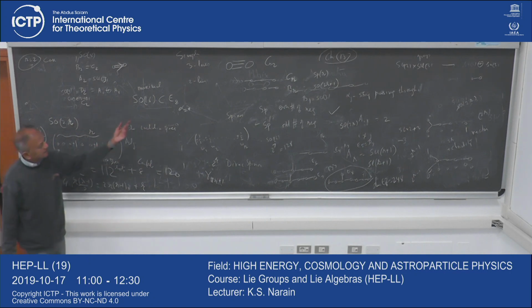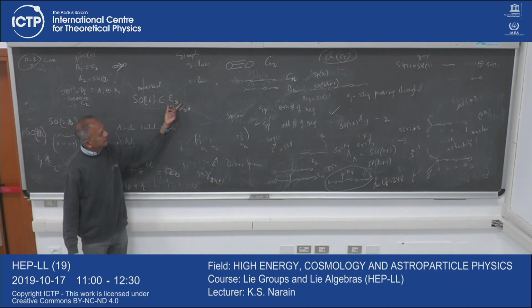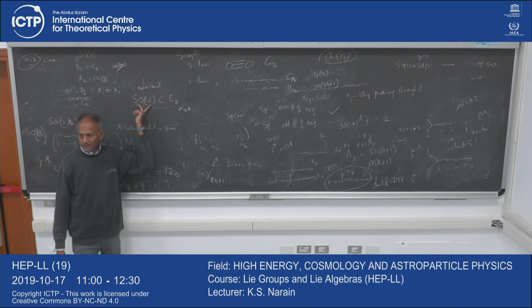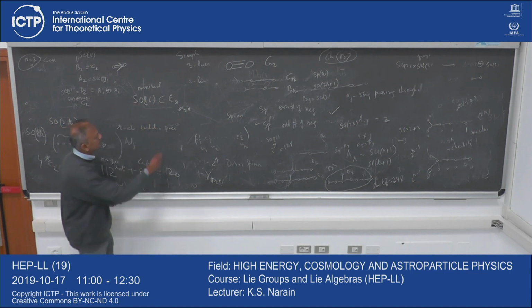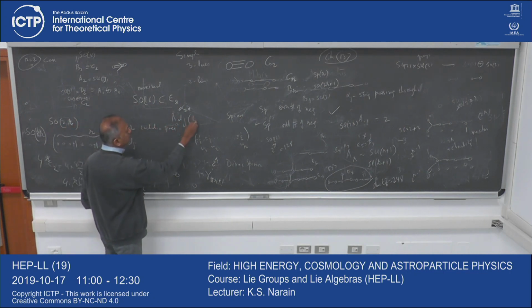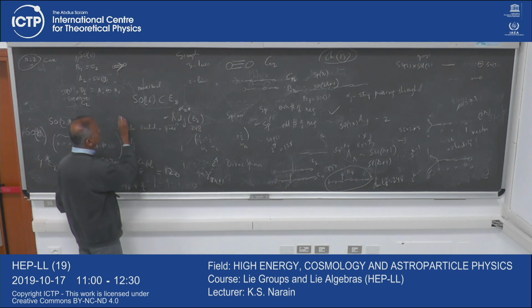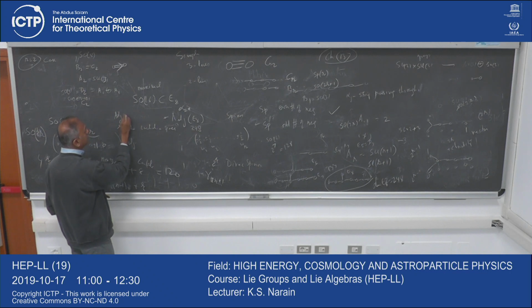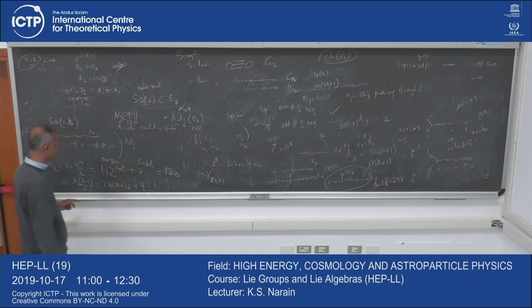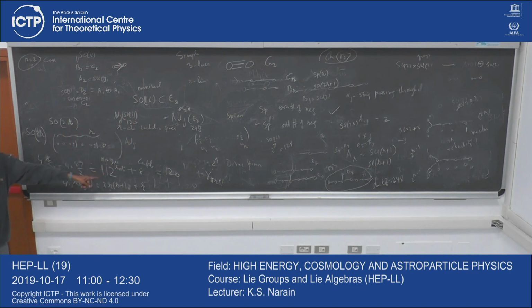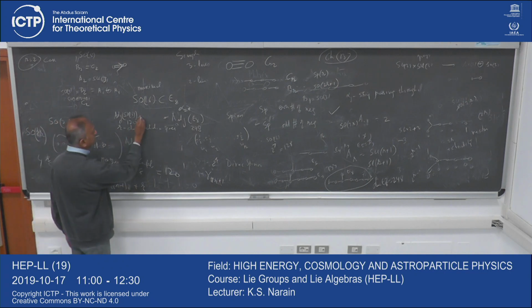So this means I can try to understand the adjoint representation of E8, which is 248 dimensional, in terms of representations of SO16. It splits into the adjoint of SO16, which is 120 dimensional, plus the spinor of SO16.